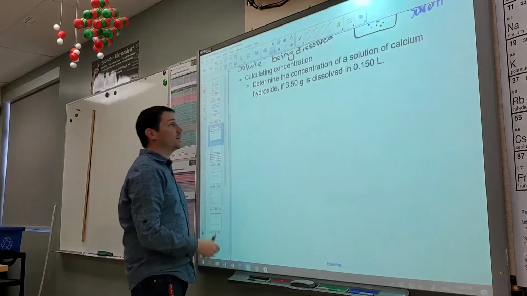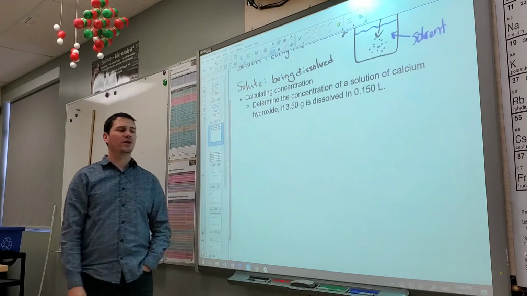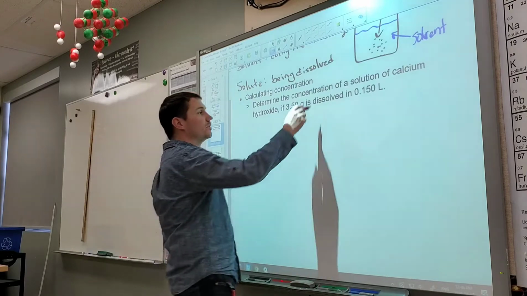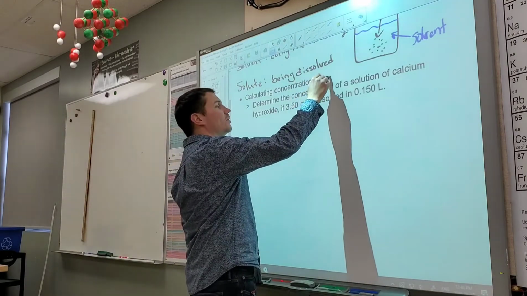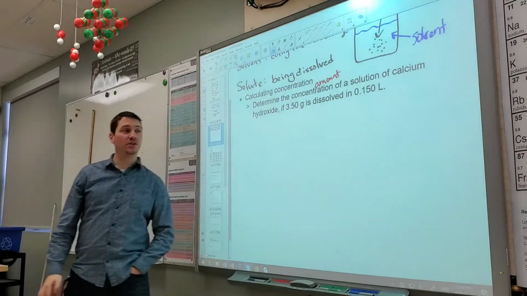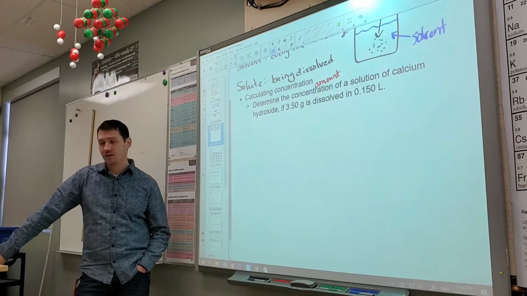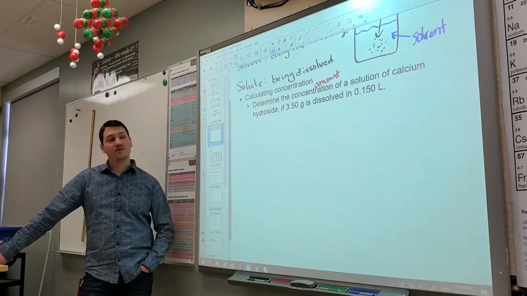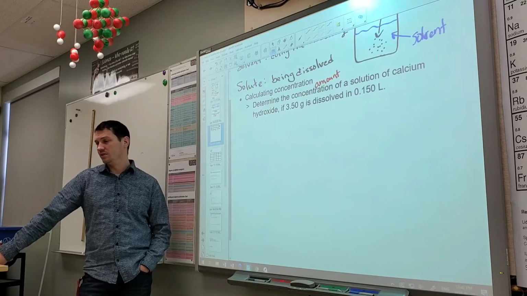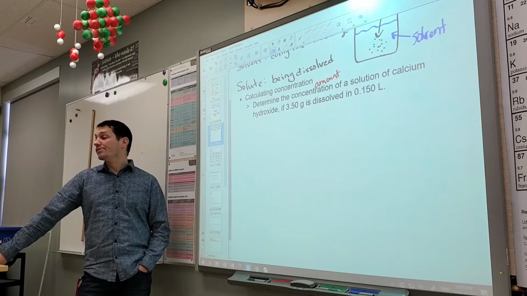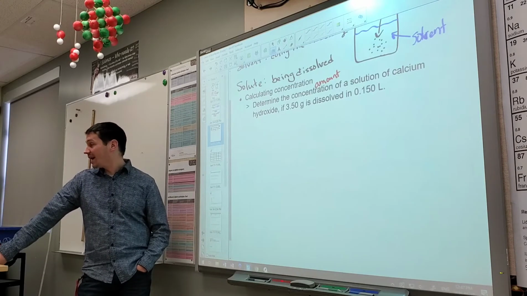If we want to determine the concentration, there's a bunch of different ways we could do this. Find the amount concentration of a solution of calcium hydroxide if 3.50 grams is dissolved in 0.150 liters.